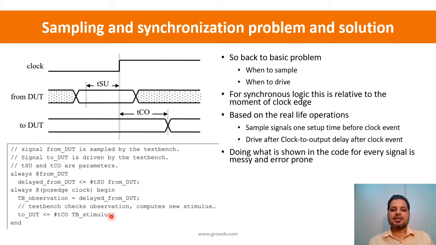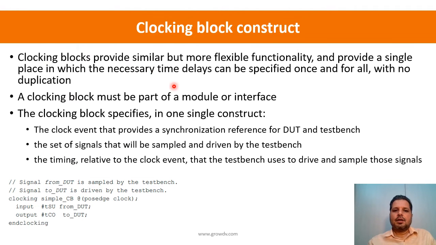But if we did it this way, then the total number of signals that we are creating can also become messy. So what we have done is, we have defined now a clocking block which mimics this particular behavior. So clocking block provides one place where all the things that we did in the previous slide can be specified, and the clocking block must be part of a module or an interface.